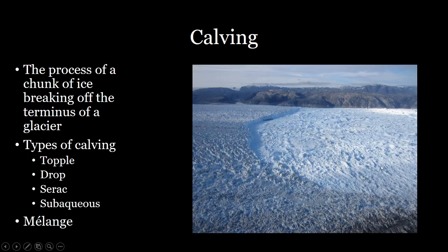It can cause a lot of unique habitats in this melange as different areas open up and the icebergs melt. And so it can be a staging area for icebergs that leave the fjord and enter the ocean. And you can have a lot of melting here as you have a lot of surface area.